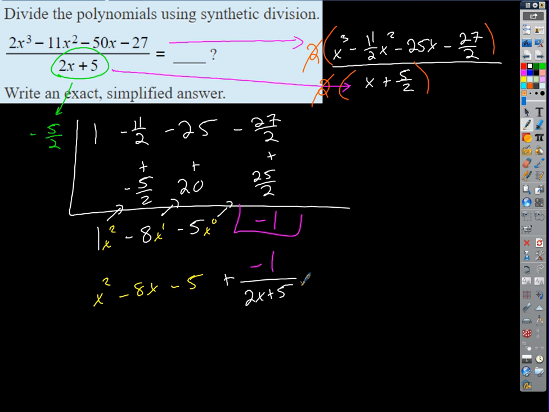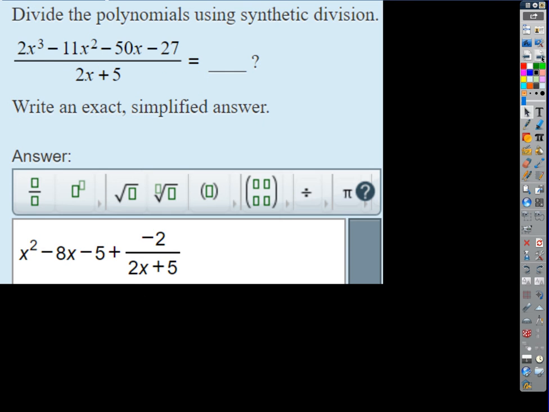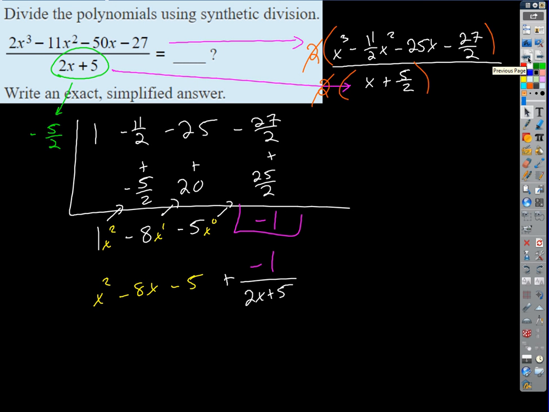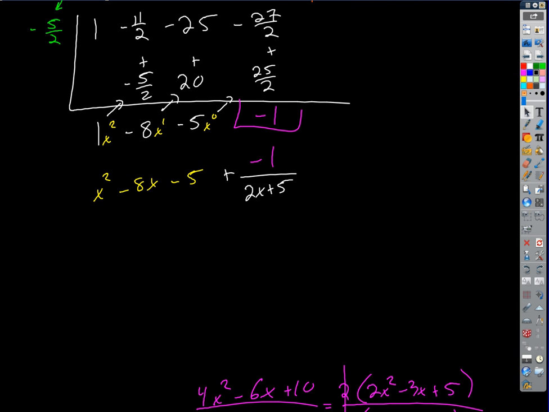Actually, how come it's not negative 1 on top? What do I have to do? What's really going on the bottom here? It's not 2x plus 5. What is it? X minus 5. Ah, okay. So on the bottom, everybody see this?